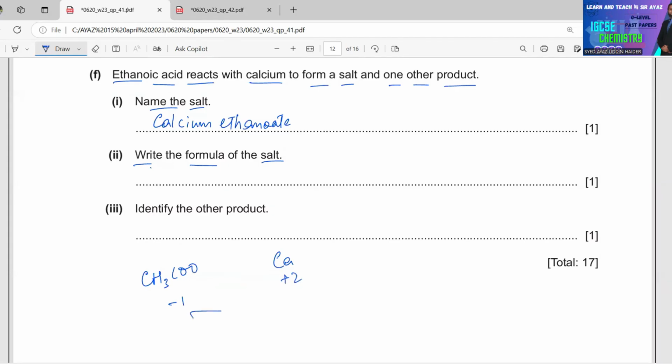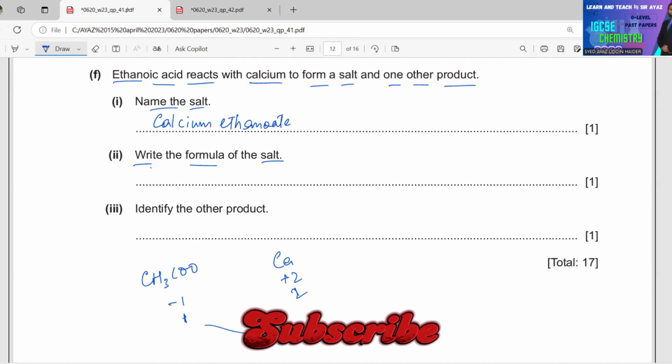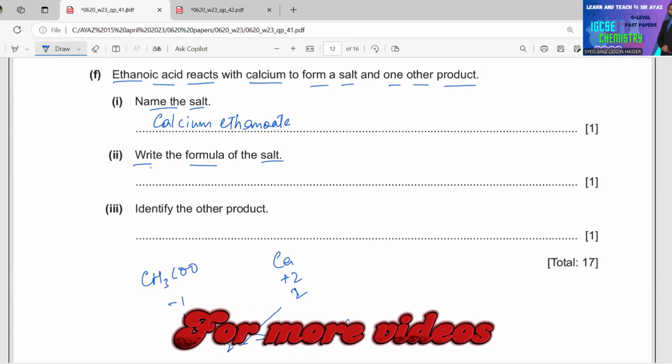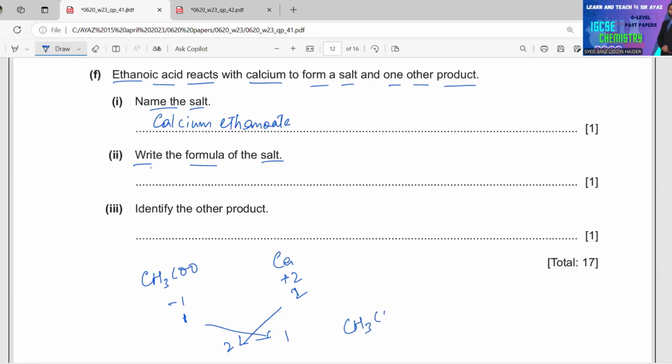Ignore the charges. Here we have 1. We are having 2. These subscripts will be exchanged. So we get 2, 1, which means CH3COO whole twice Ca. This will be the final formula.